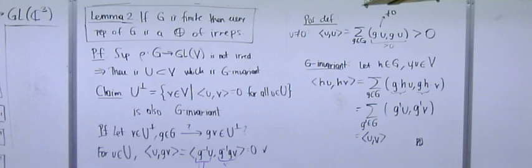My claim says that because this guy was invariant under G, this guy is also invariant under G. And if you look at this, of course it's invariant under G, because what does the group do here? The group just switches the coordinates around. Okay? So if you have some points such that x plus y plus z equals 0, and you mess up the order of the coordinates, but you don't change their values, then you're not going to change the fact that their sum is 0. Okay? So this is also invariant under S3.